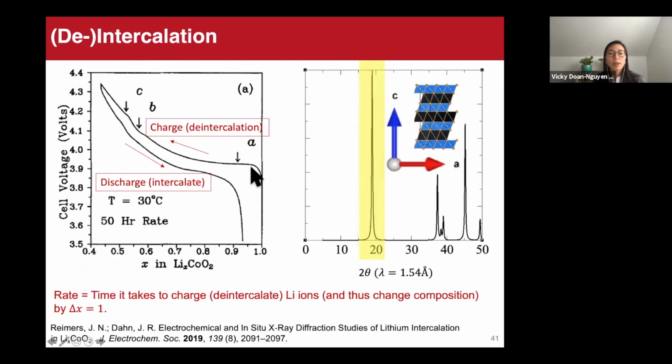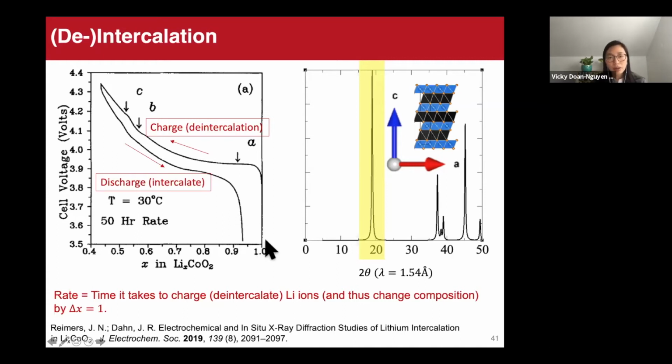So when you start off with lithium cobalt oxide, that's Li1CoO2. When you charge, you de-intercalate or remove lithium, or delithiate, you could see here, in the voltage versus composition plot. And then you can also discharge, or intercalate lithium ions back into the system.